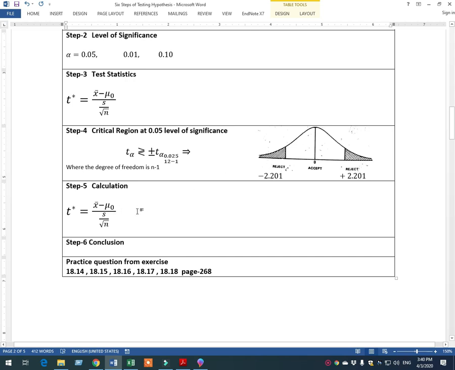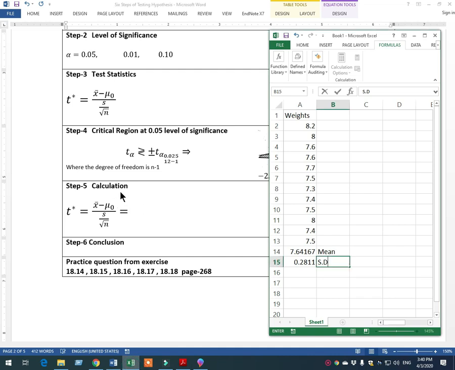So here we are going to calculate our value, and according to our calculation, our mean is 7.641.